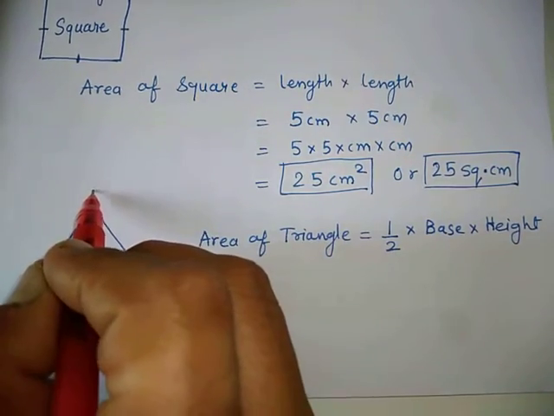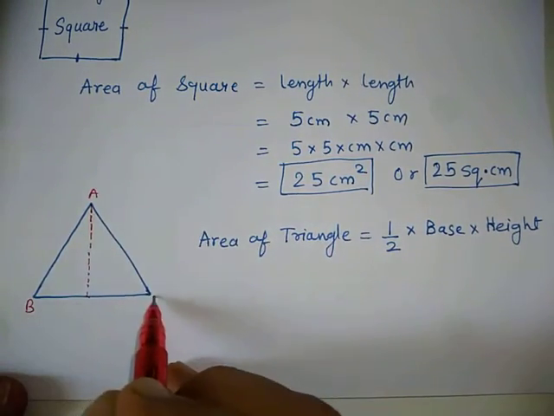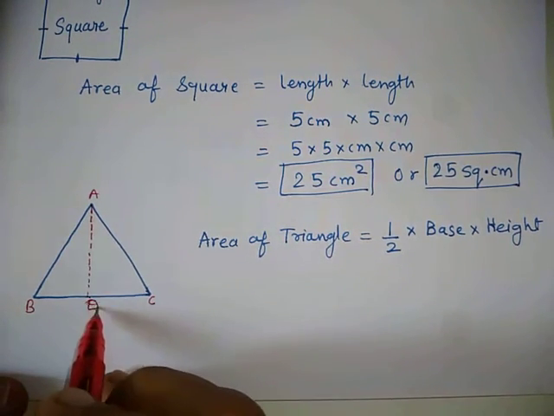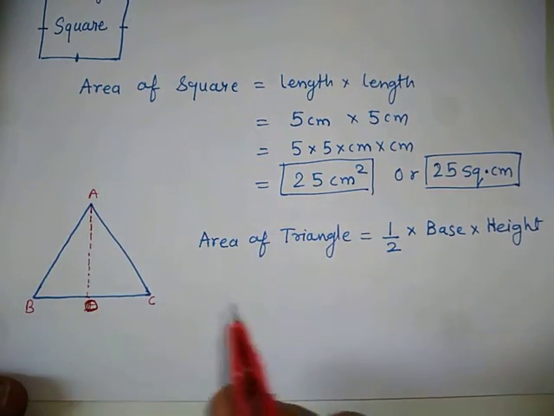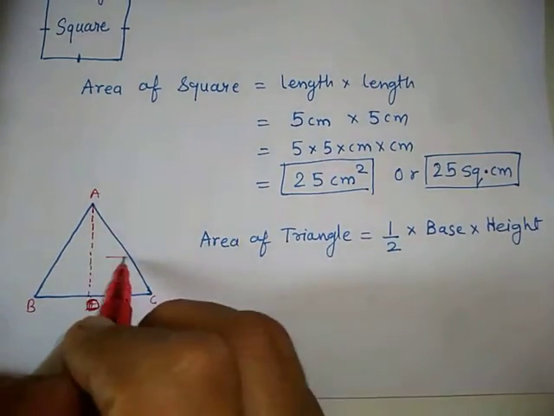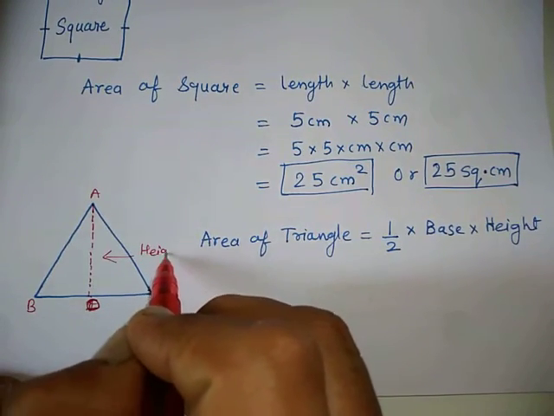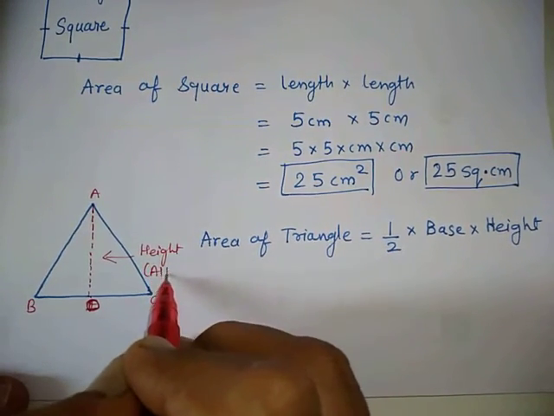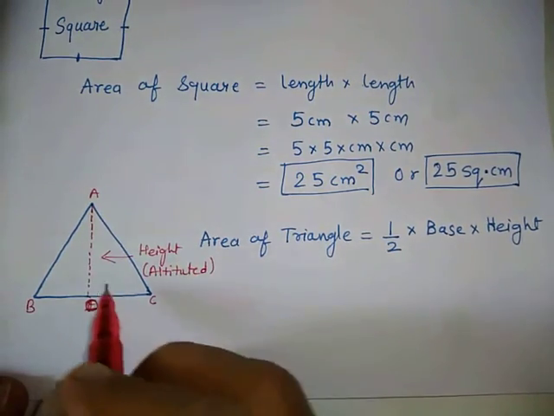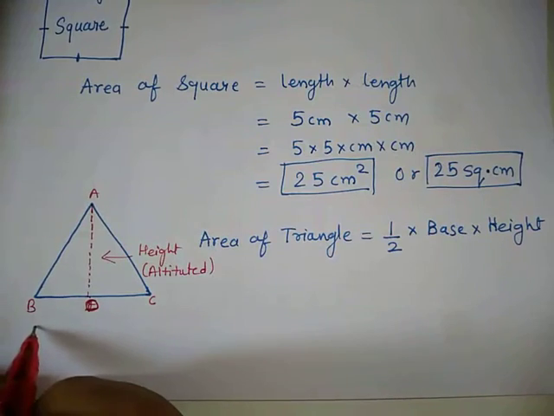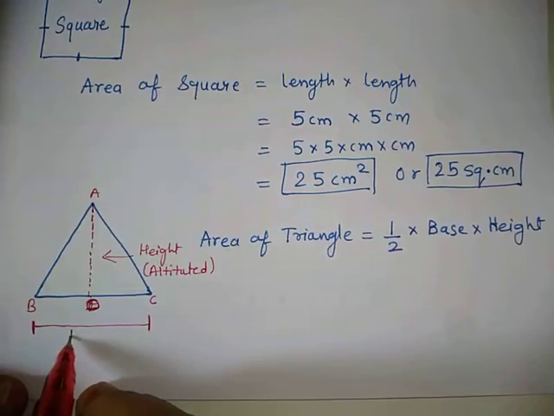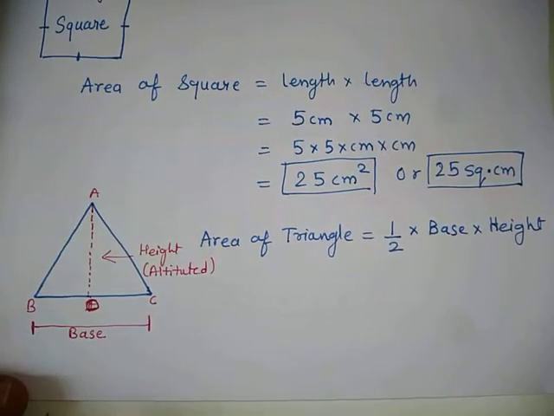So any one corner, suppose the triangle is A, B and C. So A to D, let us write AD. AD is the altitude or height of this triangle, and base means this side, from B to C, this is known as base.